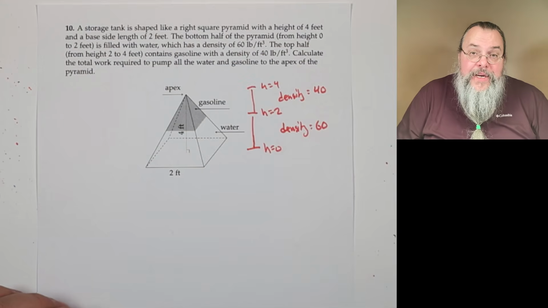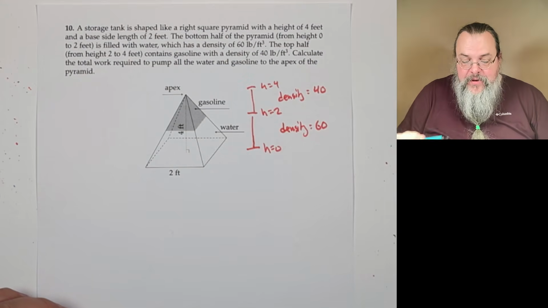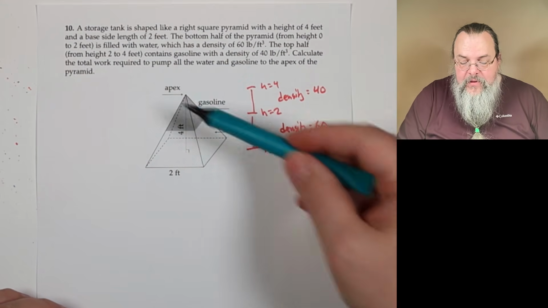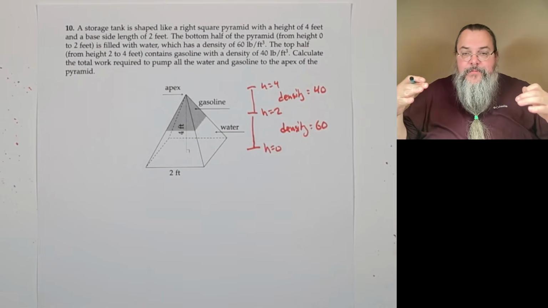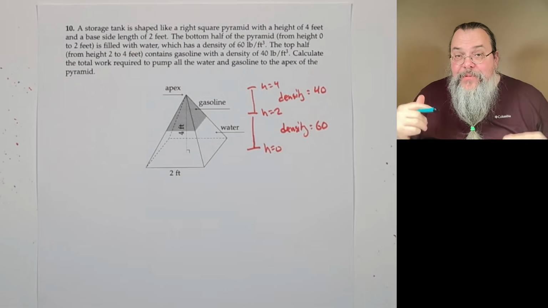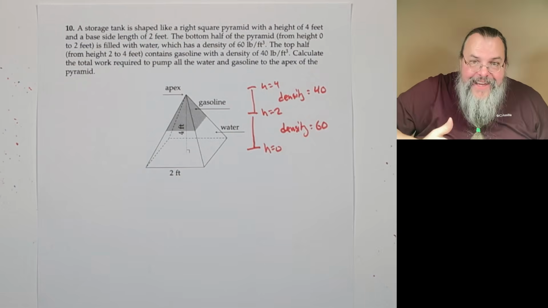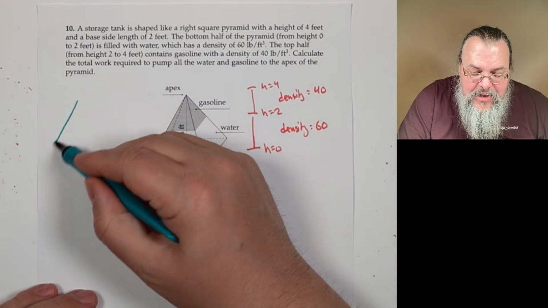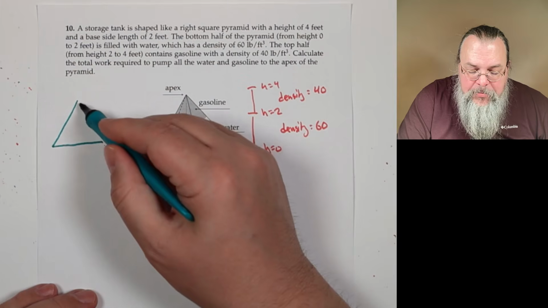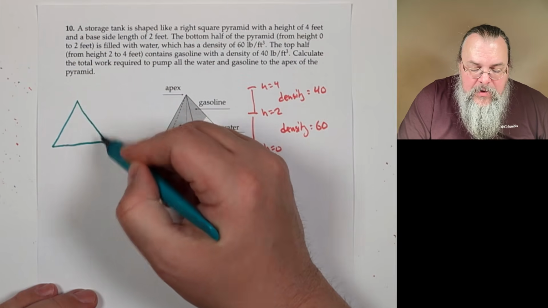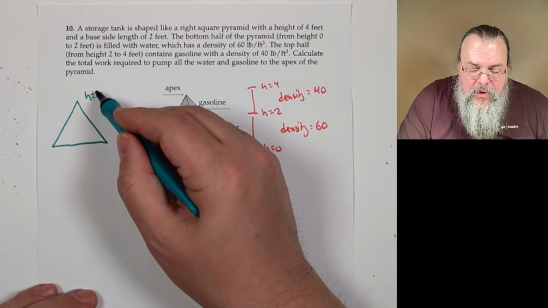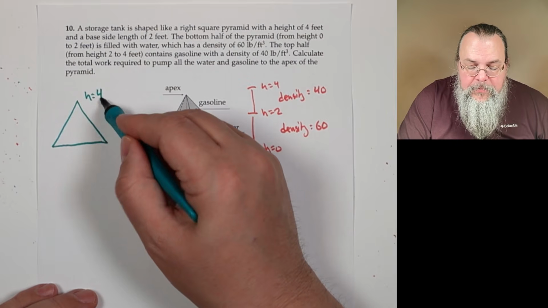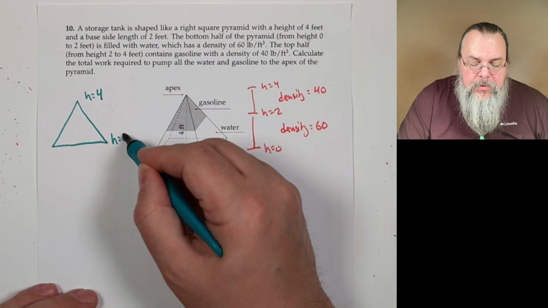One thing that will be convenient, and this often happens when you have triangle-like shapes involved, is to slice up and down. So when we look at a cross section here, this is height equals 4, here's height equals 0.